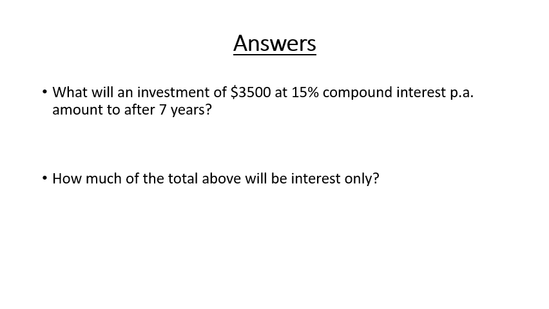So in our first question, it says, what will an investment of $3,500 at 15% compound interest per annum amount to after 7 years? Well, our formula is F equals P bracket 1 plus I all to the power of N. We can put in our amounts that we know. So we know our P is 3,500.